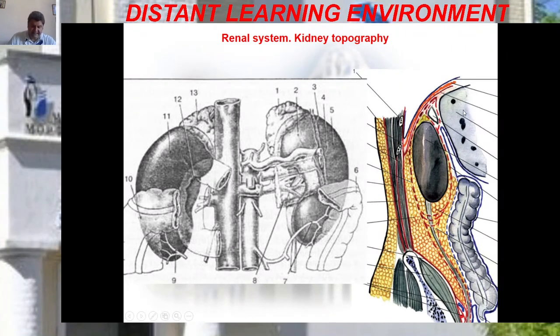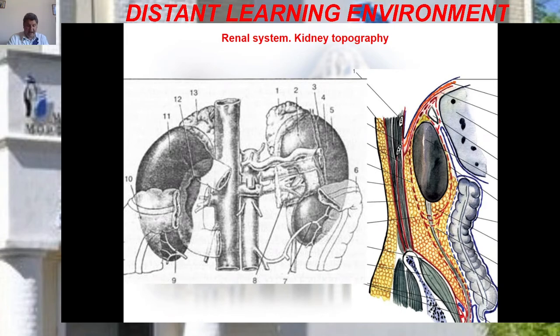The descending part of the duodenum passes on the medial border. You may see this topographic picture of the duodenum on the medial border of the kidney. The latter two areas are not covered by peritoneum. The distal end of the right kidney has a serous covering.